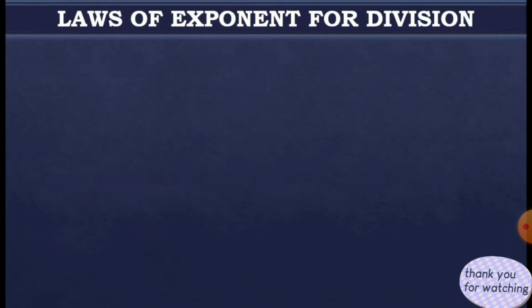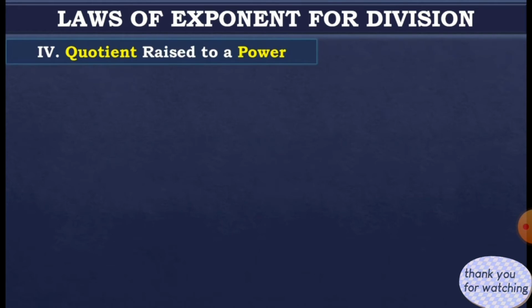Next law of exponent is what we call the quotient raised to a power or quotient to a power. Okay? So anong ibig sabihin nito? So we have to study po yung concept niya. A over B raised to the power of n. Ang ibig sabihin nito na si A merong exponent na n, si B merong exponent na n.